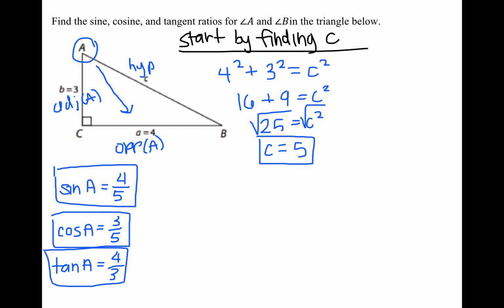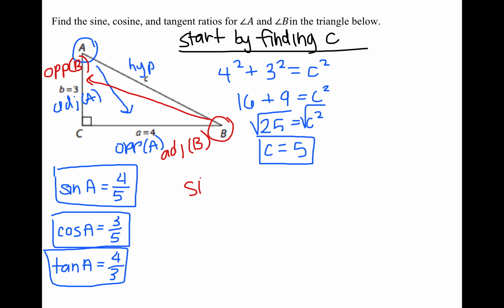Okay. So now I want to do the same thing for angle B, but my opposite and adjacent are switched. If I'm looking at angle B, the opposite is now the 3. The adjacent is the 4, but the hypotenuse is going to stay the same because it is always the longest side.